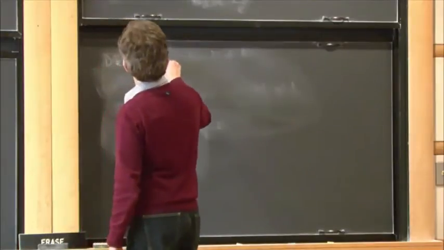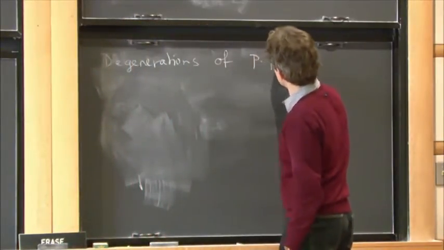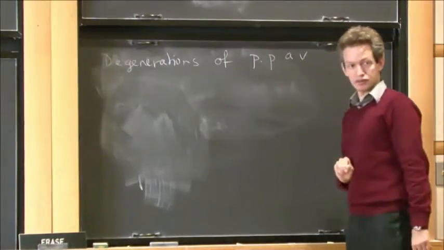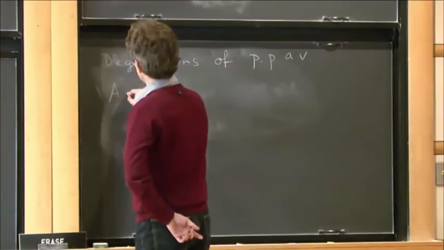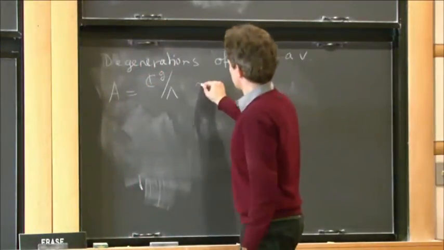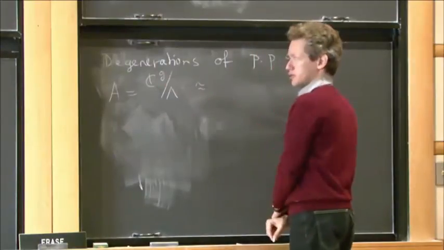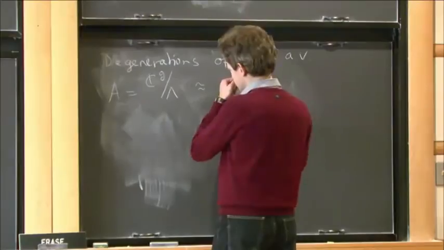So how can one think of degenerations of abelian varieties? I'm sure I'll keep saying abelian varieties, I always mean, for me, principally polarized abelian varieties. So I can think of my abelian variety A as this quotient C^g by a lattice. I can, of course, change coordinates on C^g without changing the complex structure on the abelian variety or the algebraic structure.